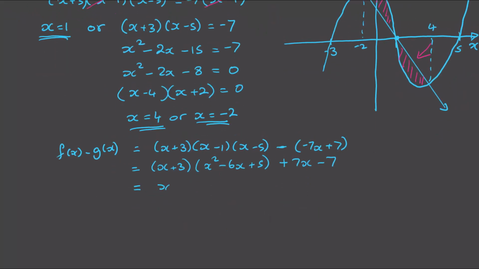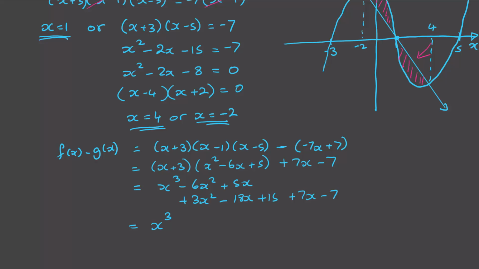So that's going to give me x cubed minus 6x squared plus 5x plus 3x squared, take away 18x plus 15 plus 7x take away 7.